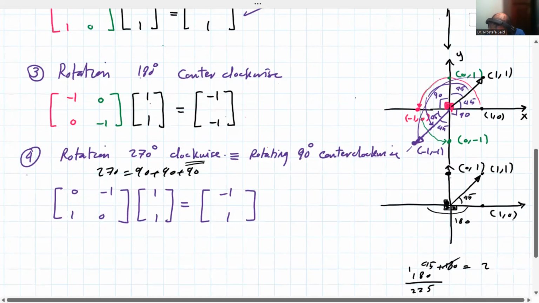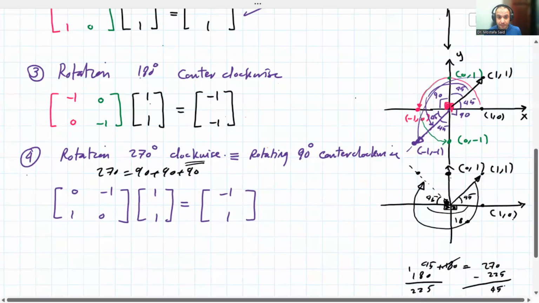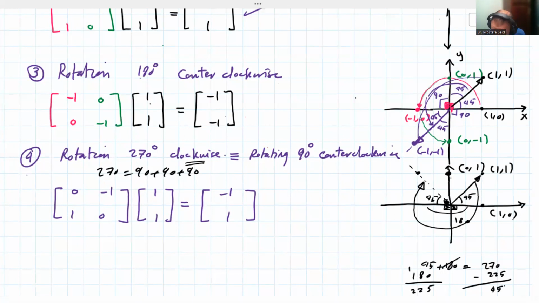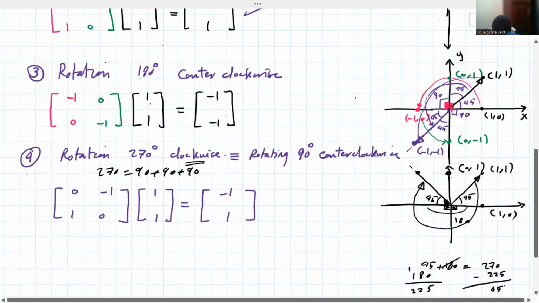We want 270. 270 minus 225 is basically 45. So we need another 45, basically that line here. So when we rotate that line counterclockwise, we're going to end up at that point here, which is -1 and 1.